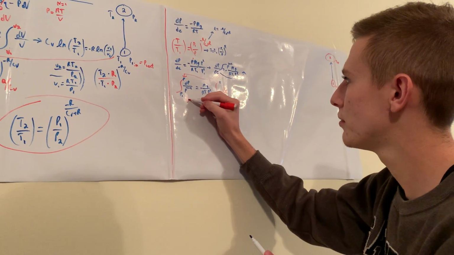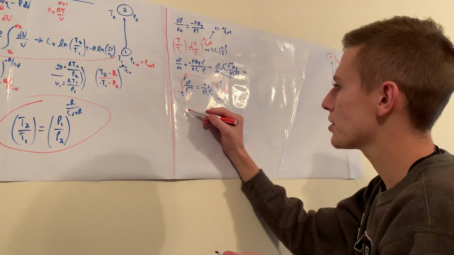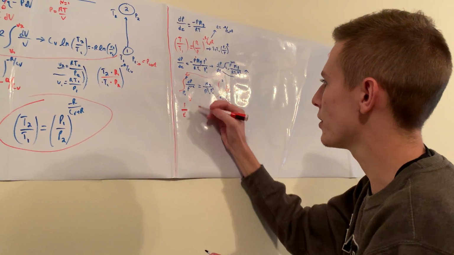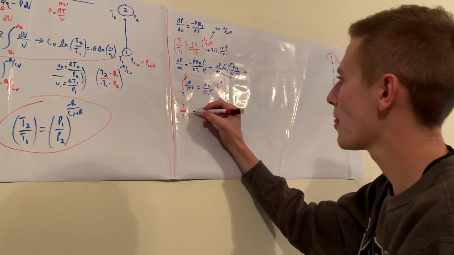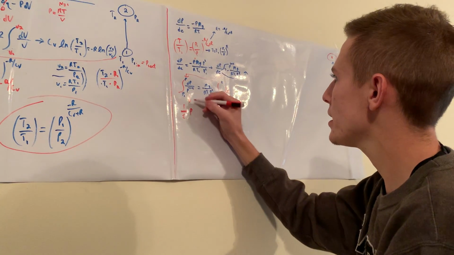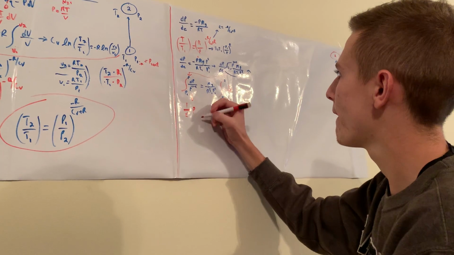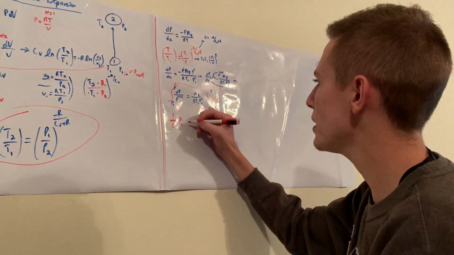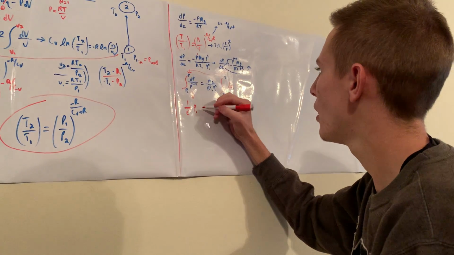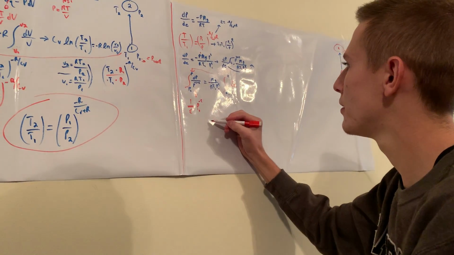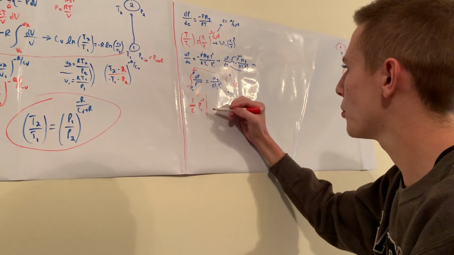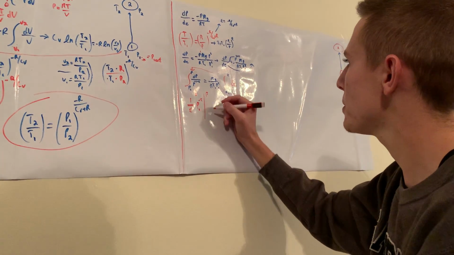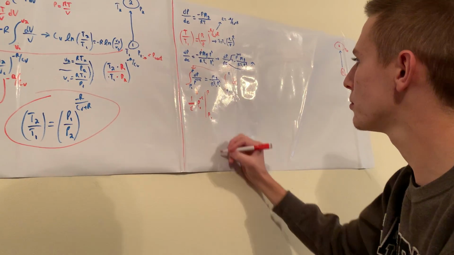So the integration of this is 1 over epsilon times P initial to the negative epsilon, and we'll do that to the P initial.